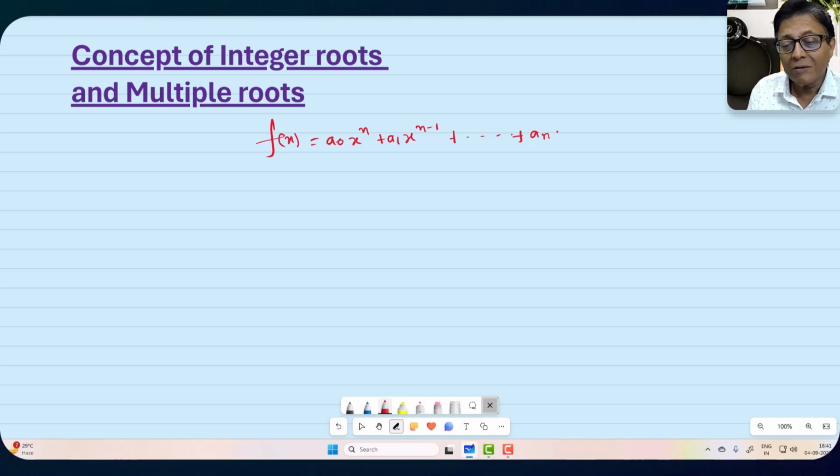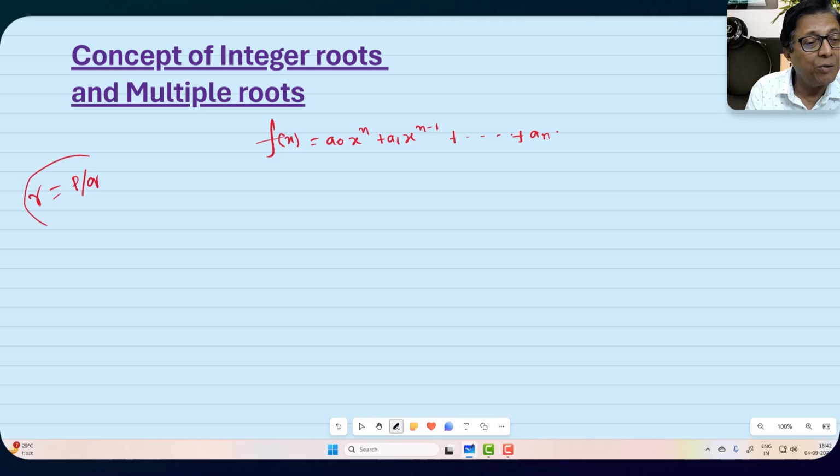Before that, integer is a special case of this real number r equal to p by q. You know, if q is 1, then r equal to p is an integer.